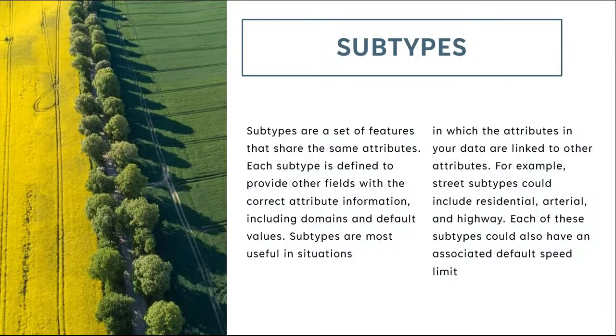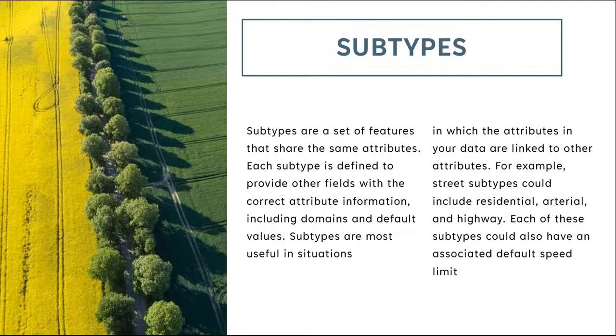Subtypes. Now we established from the introduction that the domain and the subtypes are components that are interchangeable but very important to each other. So what are subtypes themselves? Subtypes are a set of features that share the same attributes.